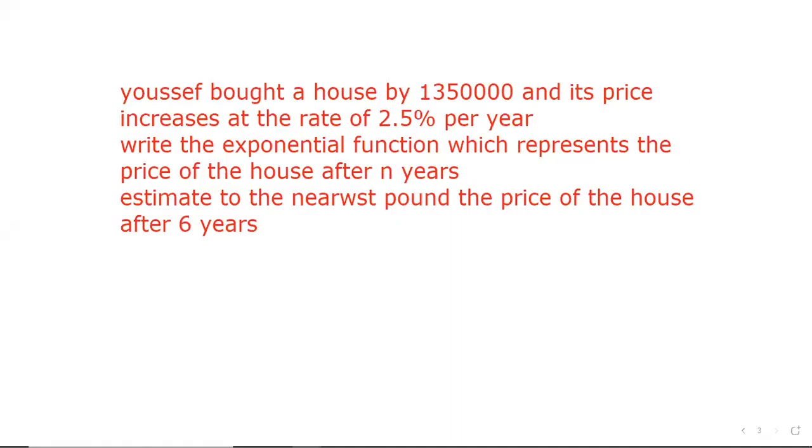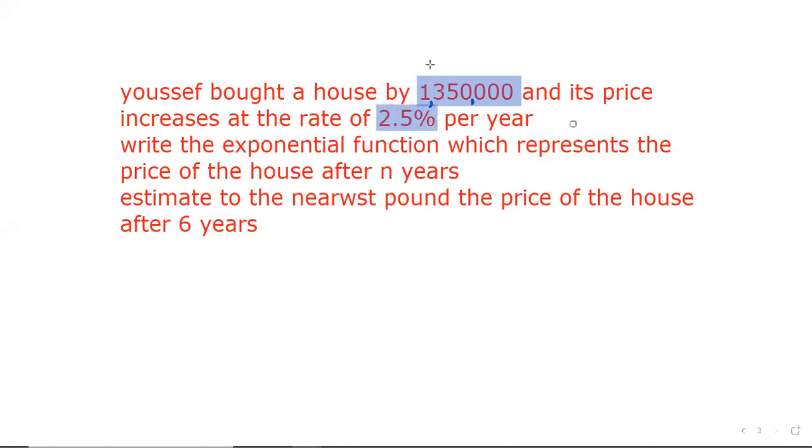Let's have a look at this example here. Yusuf bought a house for 1,350,000 pounds. This is the price of the house. And its price increases at the rate of 2.5% per year.